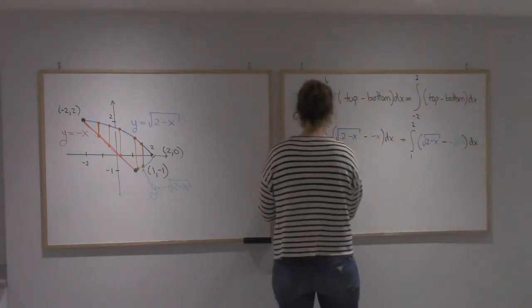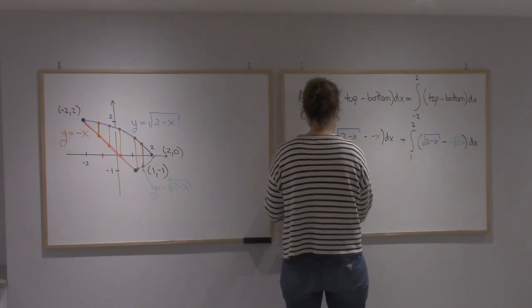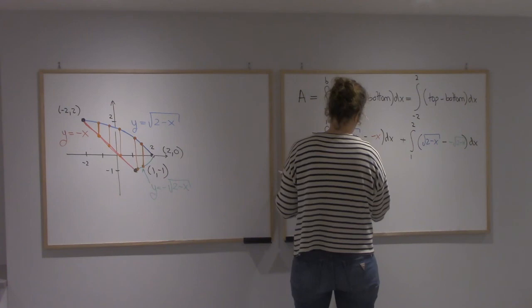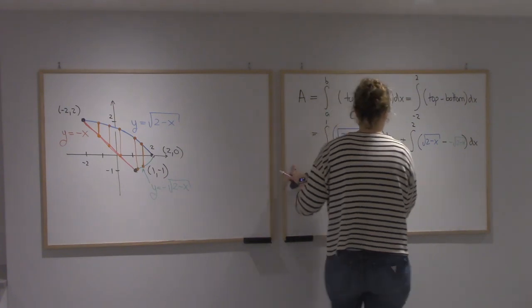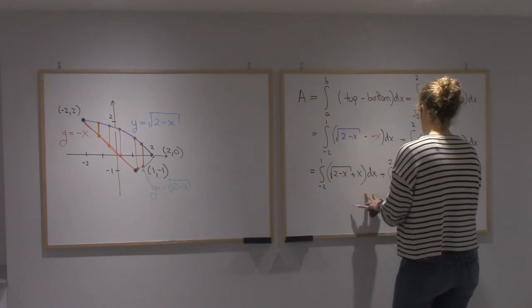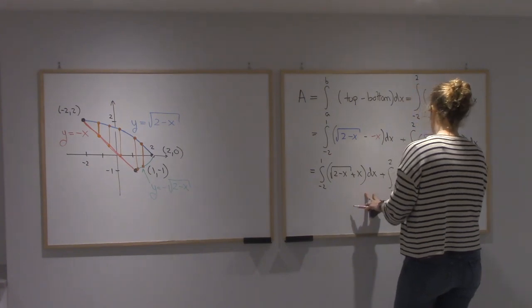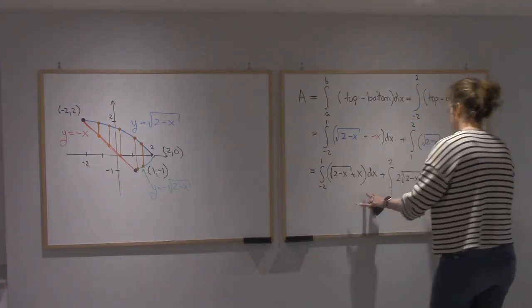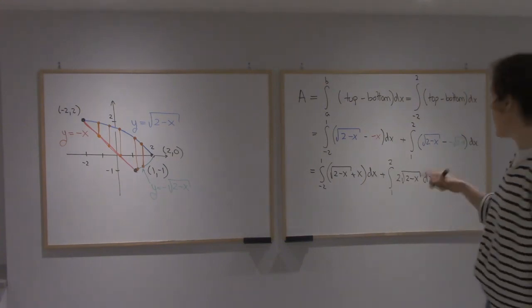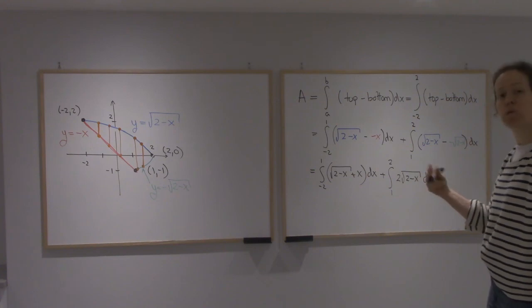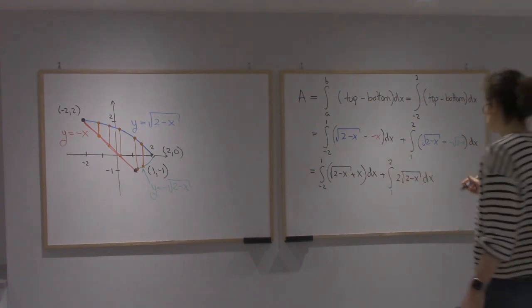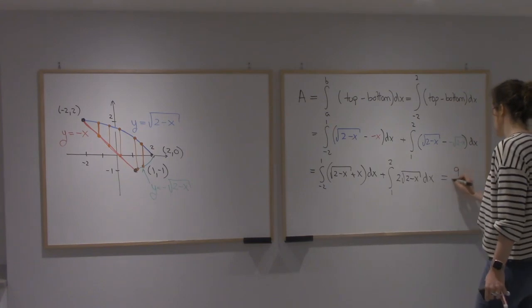And so what I get is these two integrals. If you compute them and add their value, you will get the area of this region, and so you will get the same answer we got in A. You'll get 9/2.